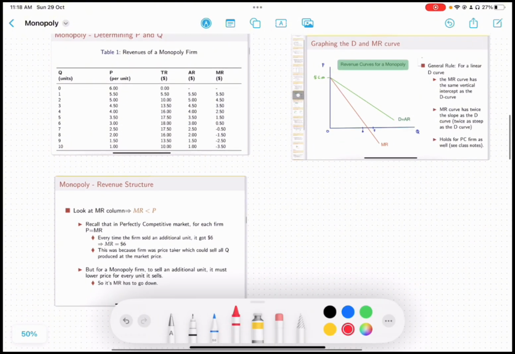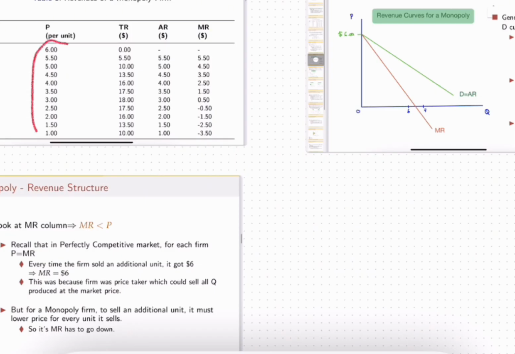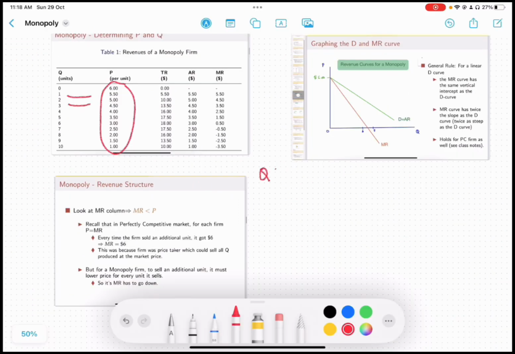First, see that this is the price. So notice how the price per unit actually falls, right? As quantity is increasing. So what we're saying is that quantity is increasing and price per unit is falling.